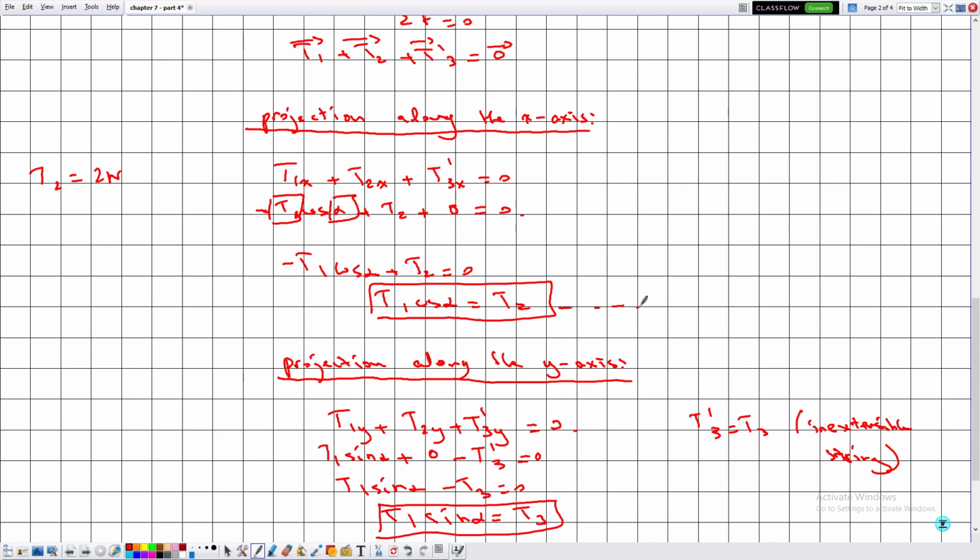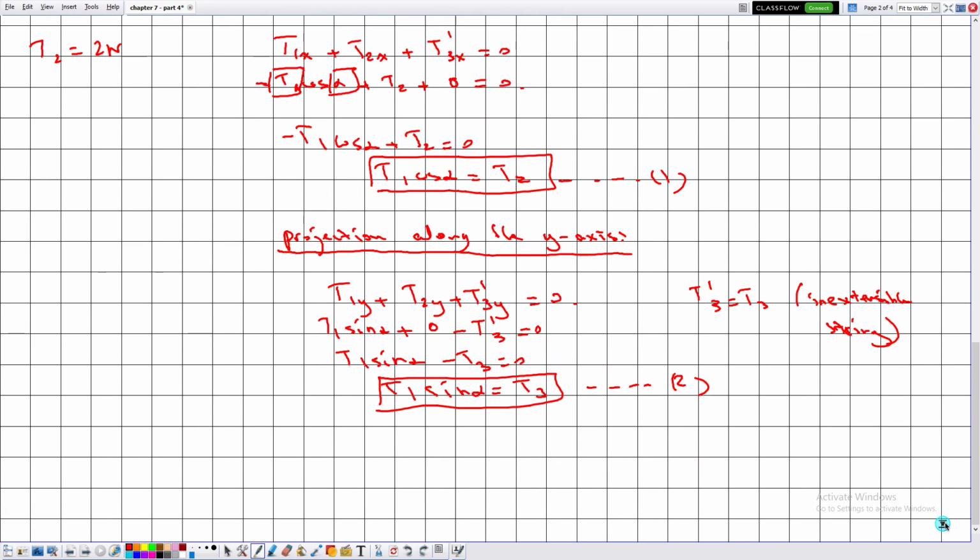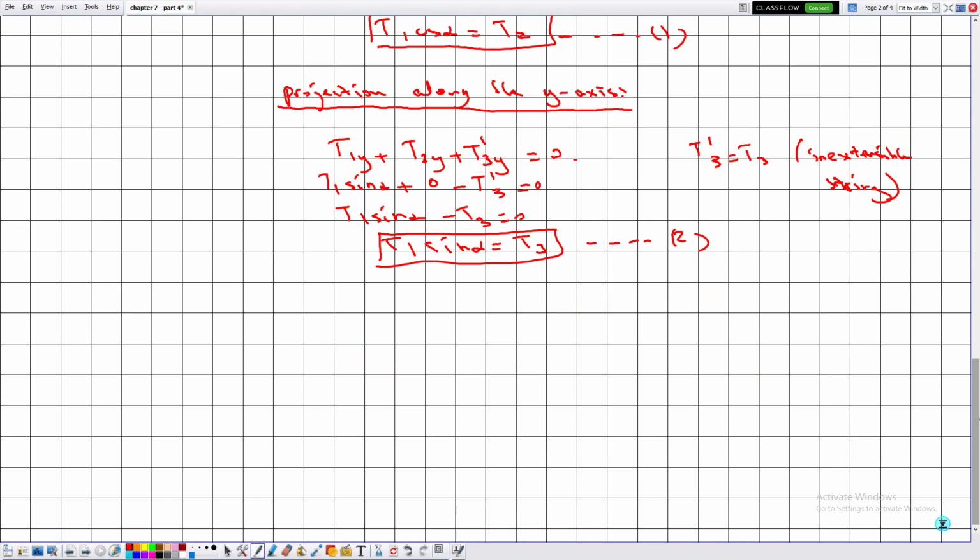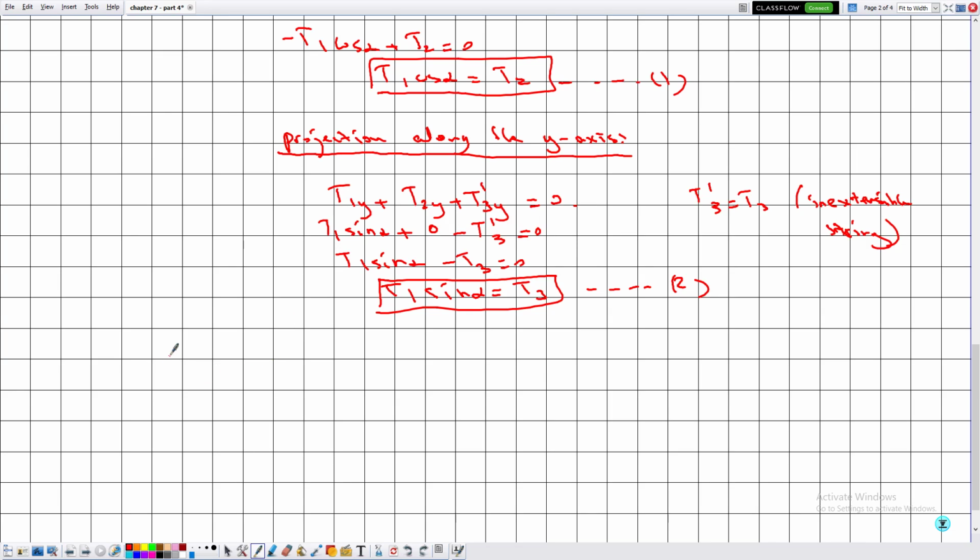Now this is the first equation and this is the second equation. We need to solve simultaneously for T1.